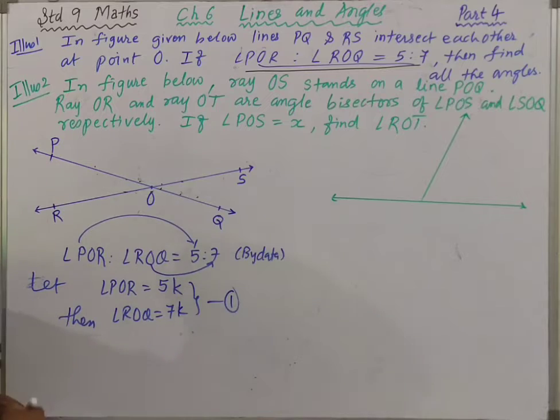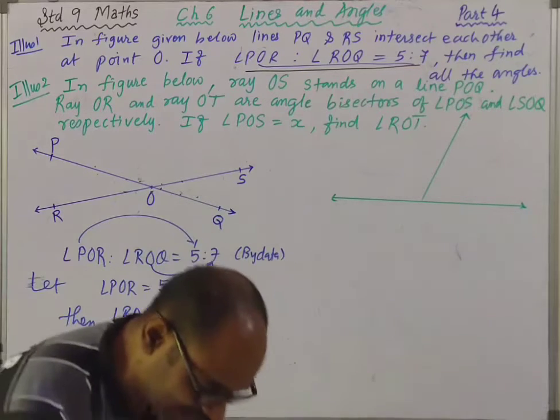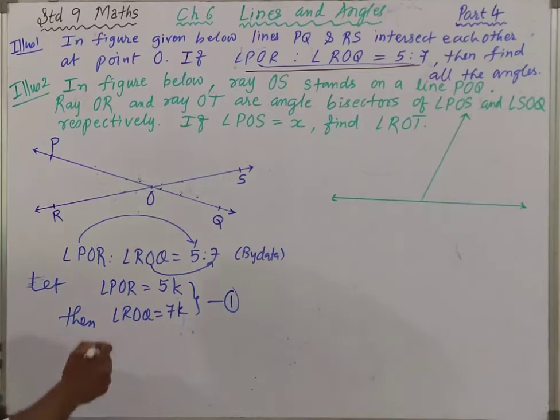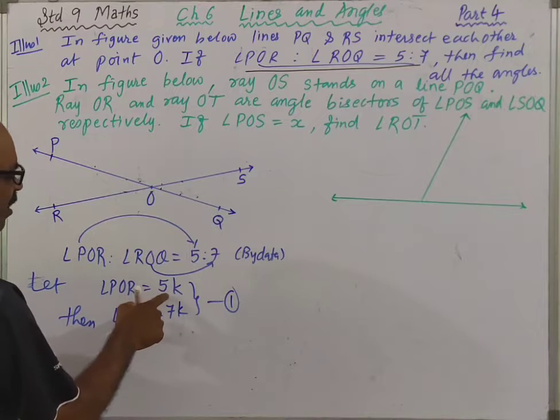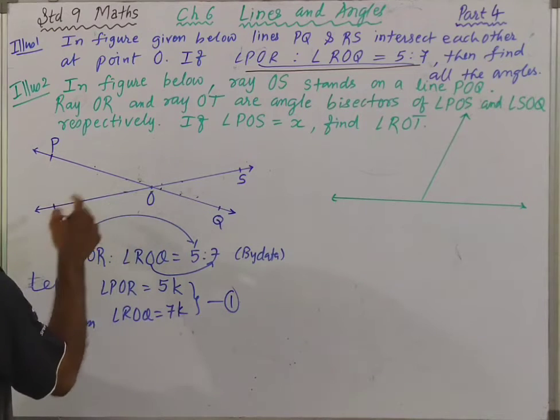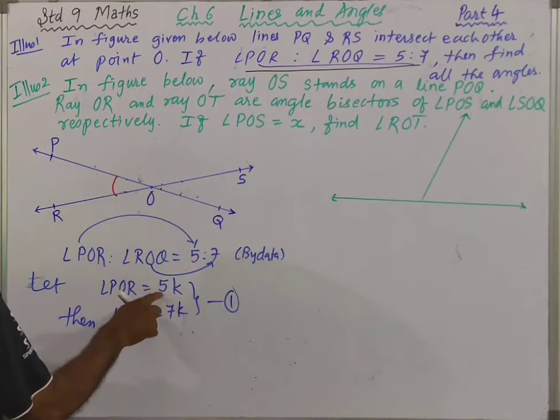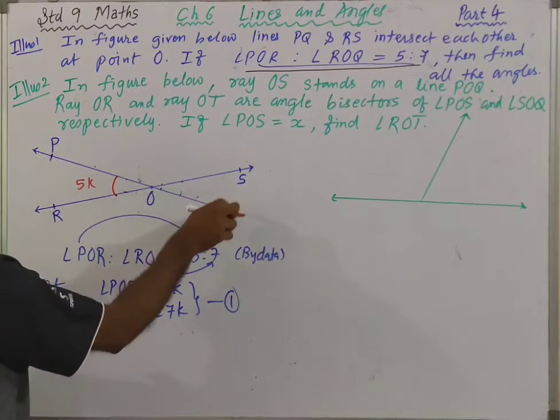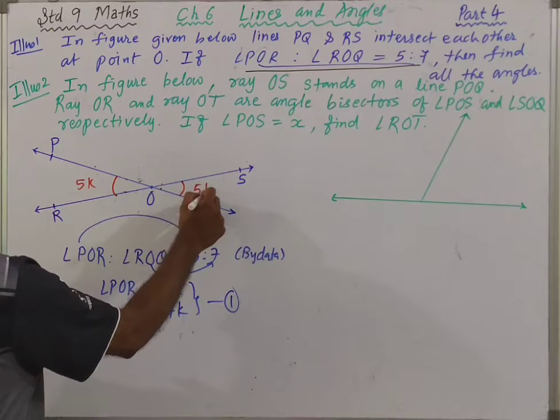Call it result 1, that you got by data, right? Okay. Now look at the figure: POR, that is 5K. So QOS will also be 5K, vertically opposite.